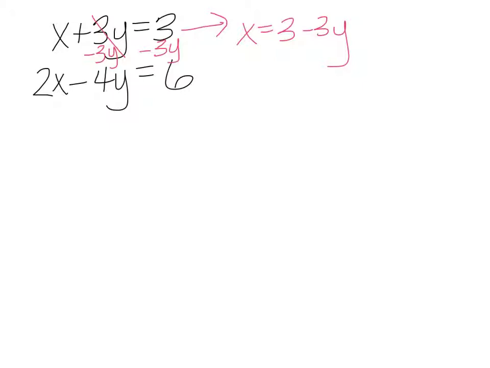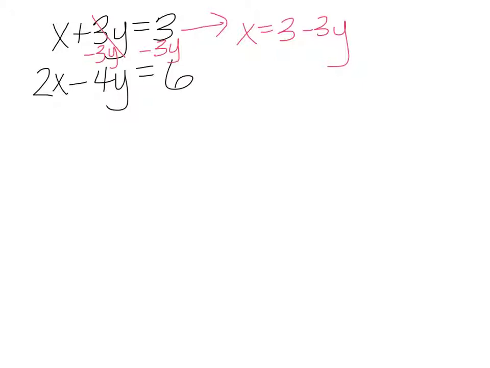Okay, what are we doing with that new equation? You gotta plug in. Plug it in, yes. If you had negative 3y plus 3, you'll get the same thing. Okay, plug it in where?